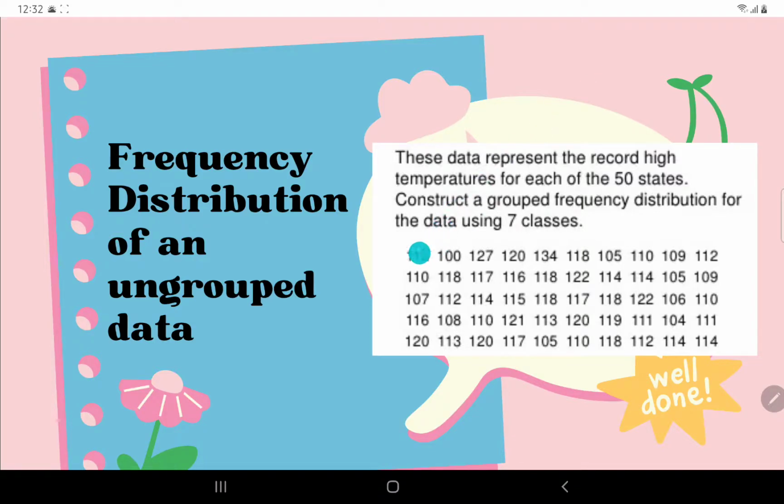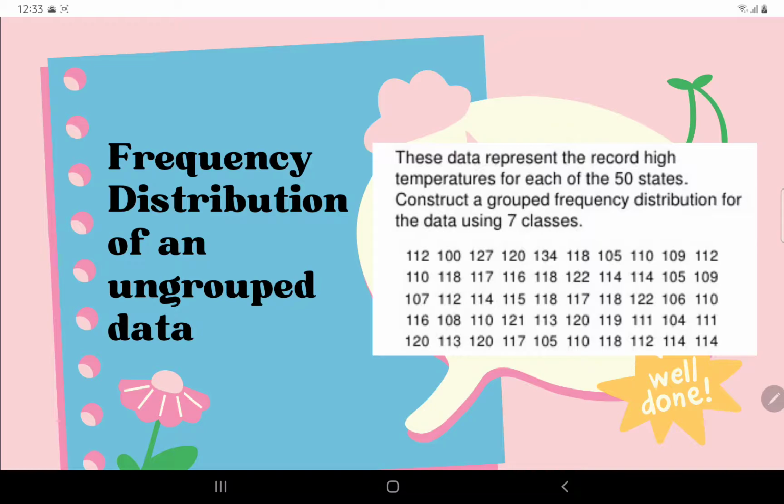112 occurs 1, 2, 3, 4 times. The value of 112 occurs 4 times. Therefore, its frequency is 4.